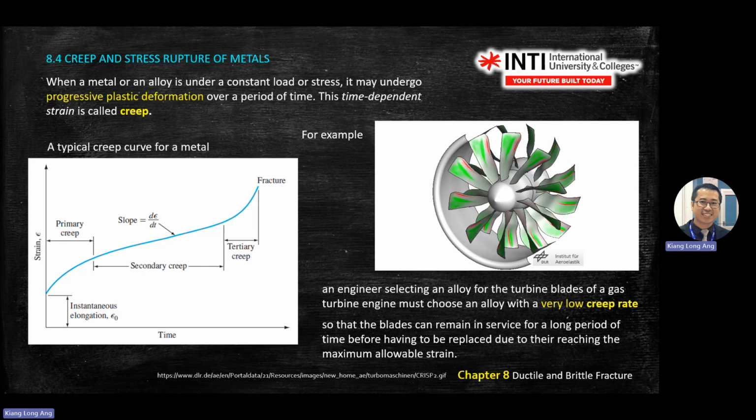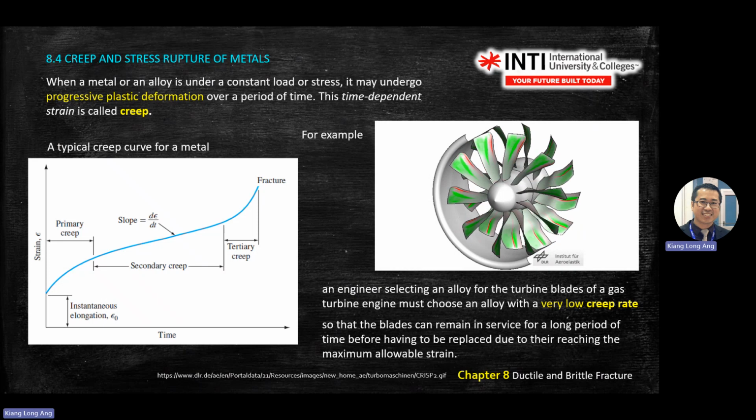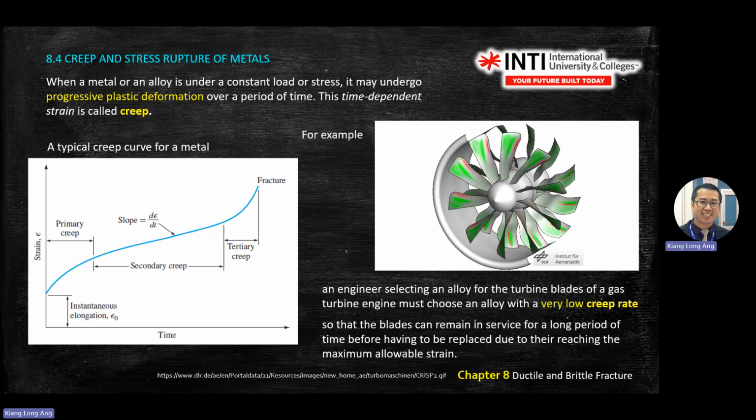Strain is a deformation ratio versus time. You get a curve like that. So you have primary creep, secondary creep, and tertiary creep. You have 3 regions for the creep: primary, secondary, and tertiary. When it becomes the end of tertiary, the thing will break.